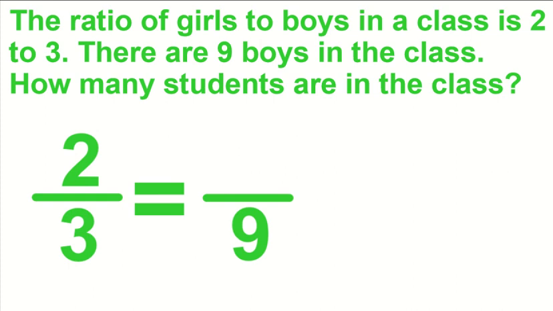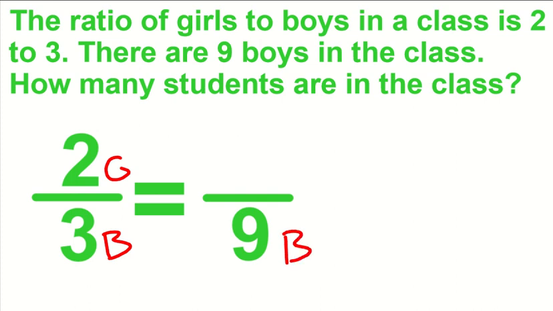Which one of those numbers is girls, which one's boys? 2 girls, 3 boys. How do we know that? Yeah, girls first and 2 was first. Right? Boys was second, 3 was second. All right, what's the 9? Boys.